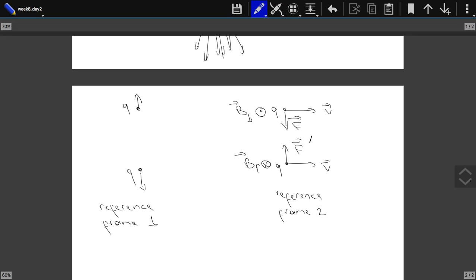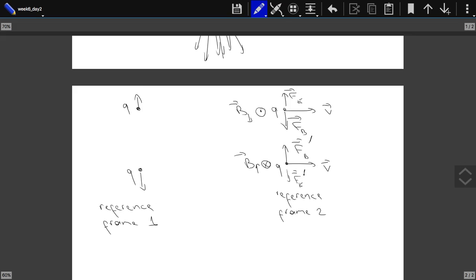If there are no other forces, they should spread out. You see, there are two forces. This is the magnetic force. And there is also the electric force. In this reference frame, there is no magnetic force. They are definitely moving away from each other.